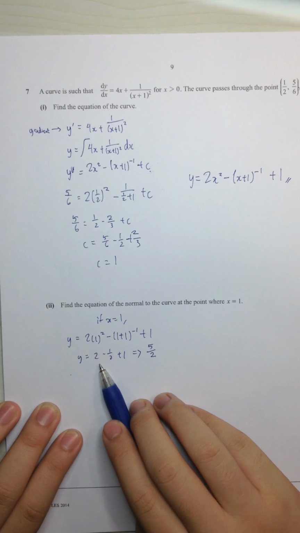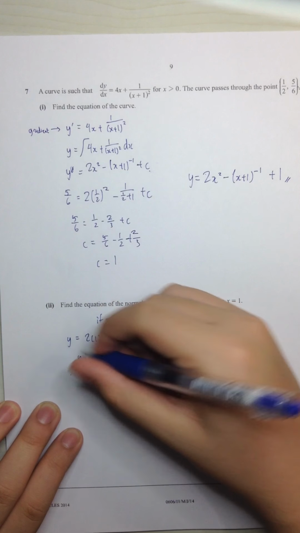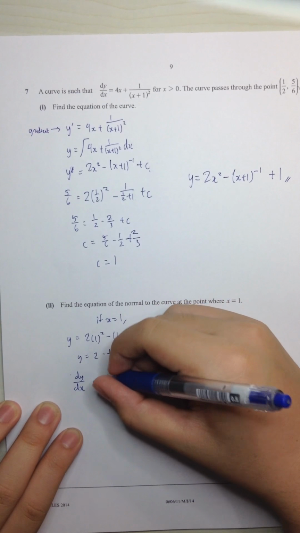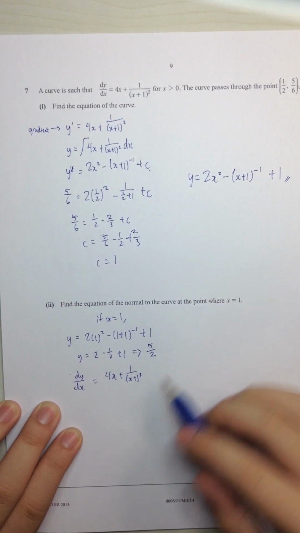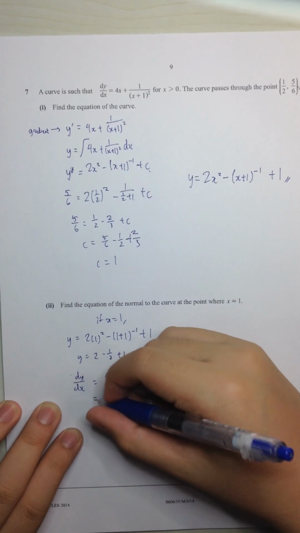Then we need to find the gradient of the normal. Since the gradient is (4x + 1)/(x + 1)² for this curve, we can insert 1 into x.